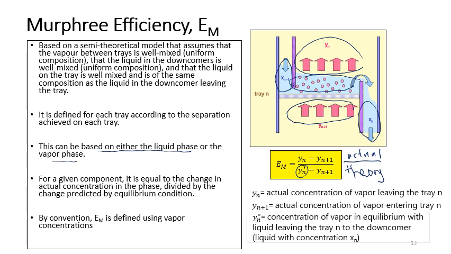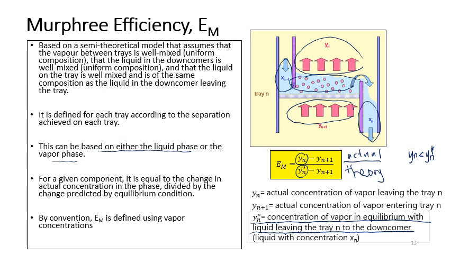The concentration Yn star is the concentration of vapor in equilibrium with liquid leaving tray n to the downcomer. However, the Yn here, the actual concentration of the vapor leaving tray n, will not be the same as Yn star. In actual, Yn is less than Yn star.